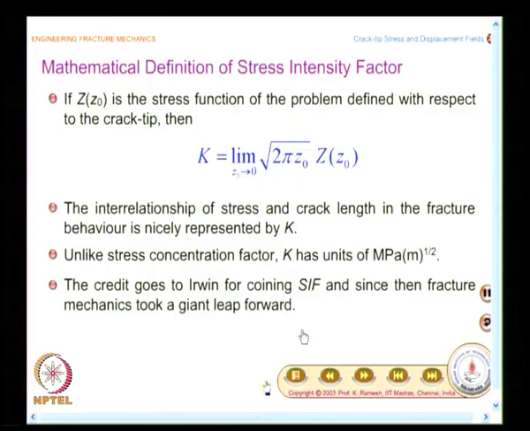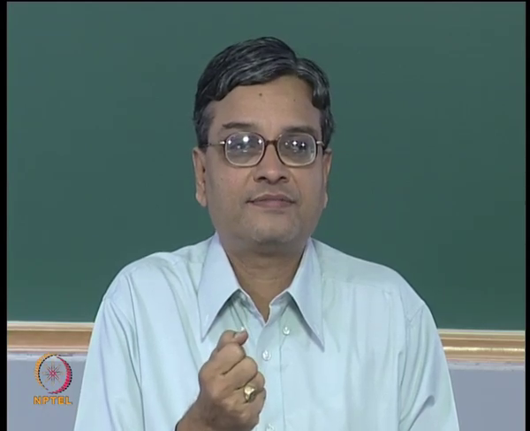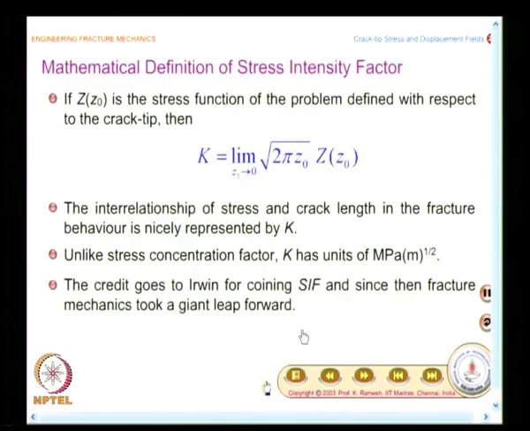So, what people felt was energy release rate as a concept was quite good, but it was very clumsy to evaluate and handle. On the other hand, by focusing on the crack tip, Irwin coined stress intensity factor, which provided a different way of looking at the crack problem, that provided greater insights and people were able to advance further in fracture mechanics.